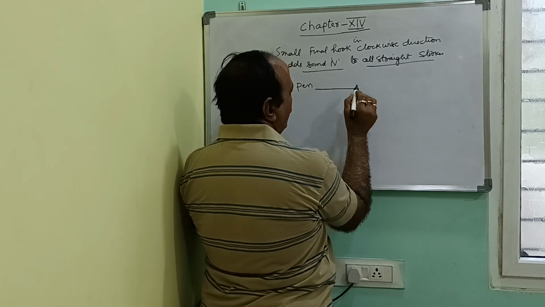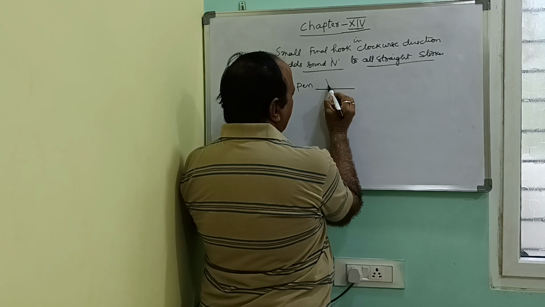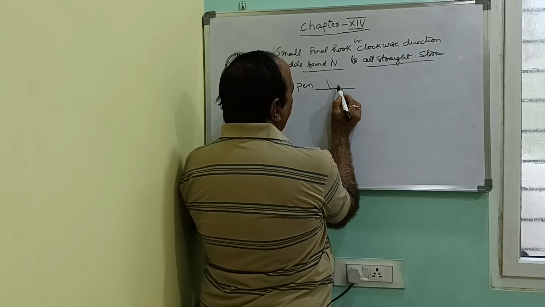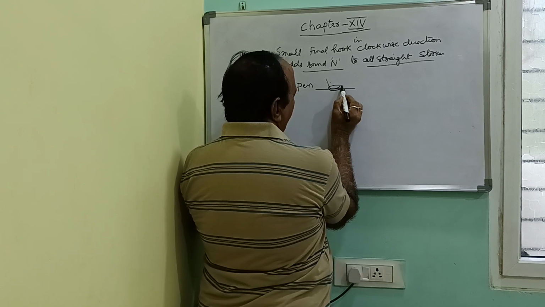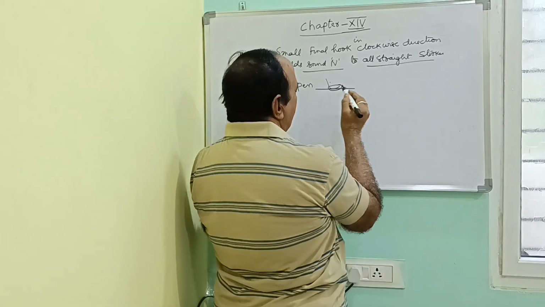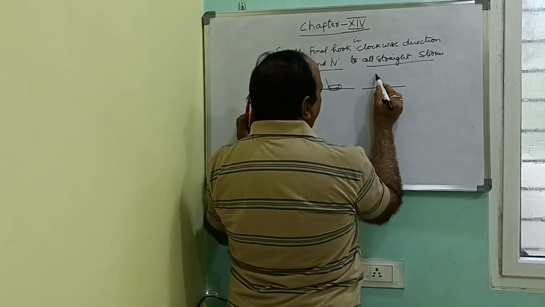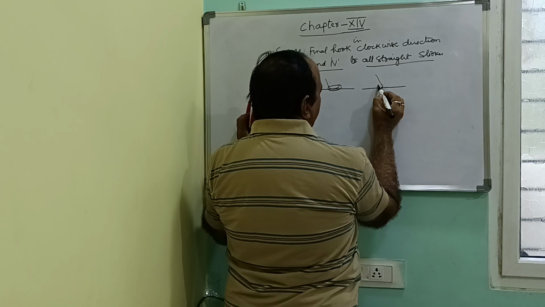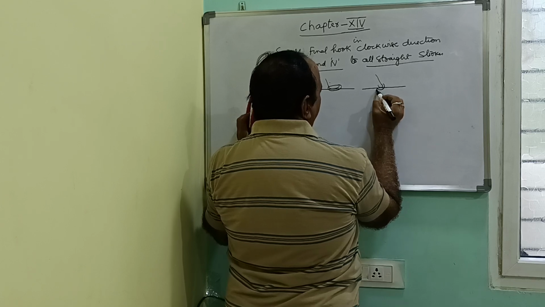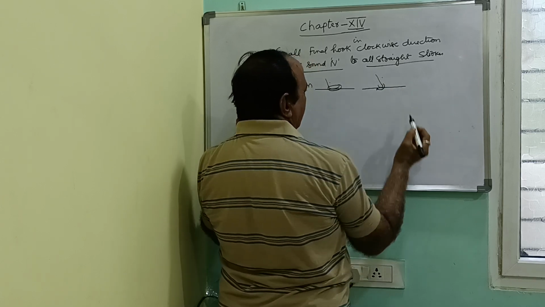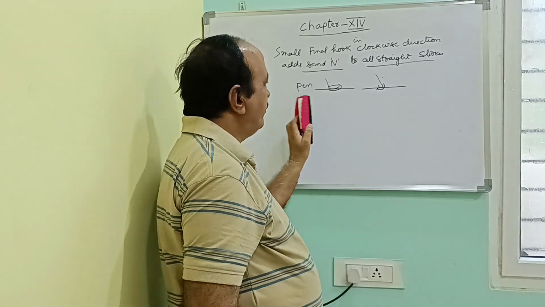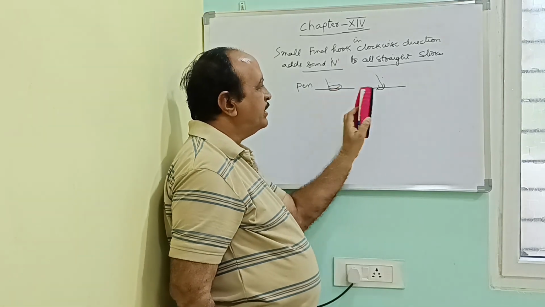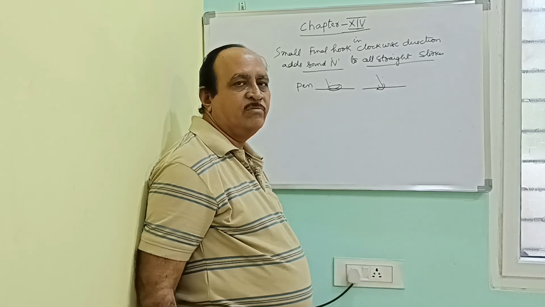Earlier, before learning this, we used to write pen like this, with the stroke N. Instead of the stroke N, we are now writing this small final hook in clockwise direction. It gives the sound of N here. This is pen. So we are briefing it, writing the stroke N in the form of a hook.